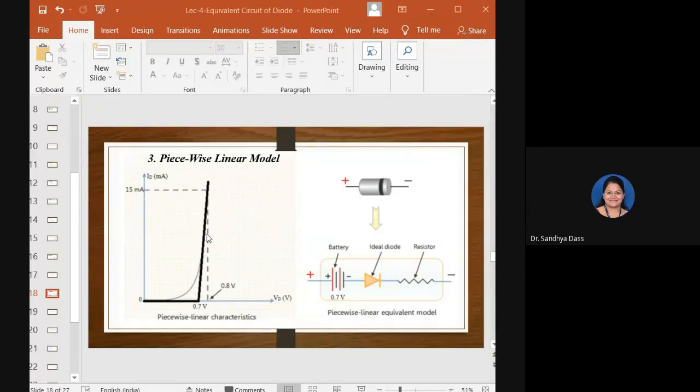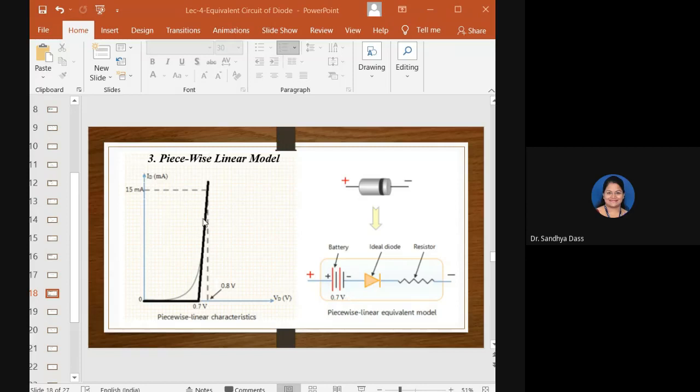The slope in the VI graph indicates the resistance. As I mentioned earlier, we can find the dynamic resistance value from the slope of the VI characteristics. That dynamic resistance can be added in the circuit as indicated here.